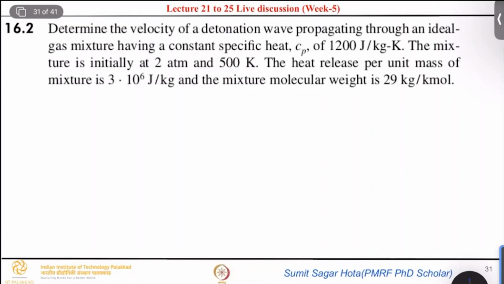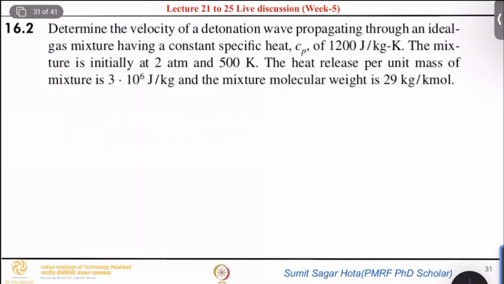Determine the velocity of a detonation wave propagating through an ideal gas mixture having a constant specific heat Cp of 1200 joule per kg Kelvin. The mixture is initially at 2 atmospheres and 500 Kelvin.